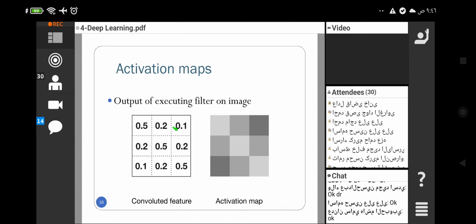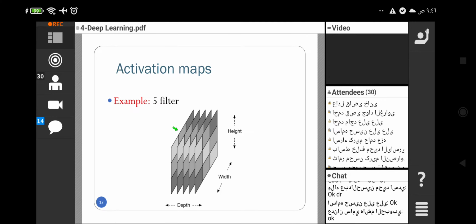So the activation map is the output of the convolution. For example, in a convolution layer, if we have 5 neurons, it means that we have 5 filters. Filter is the same as kernel. They are synonyms.